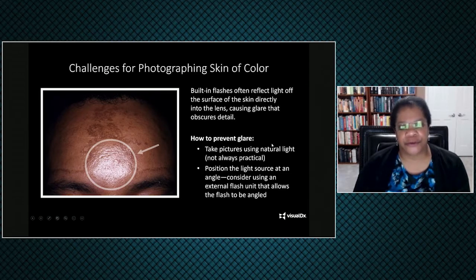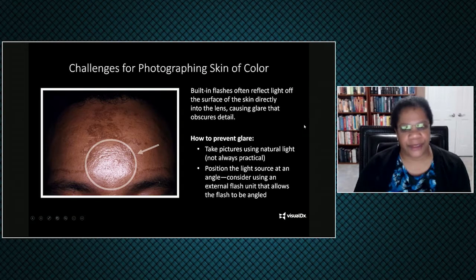You could also try to position the light source, or the flash source, I should say, at an angle. You can do that in one of two ways. One is you can consider using an external flash unit that attaches to the top of the camera that allows you to change the angle of the flash.